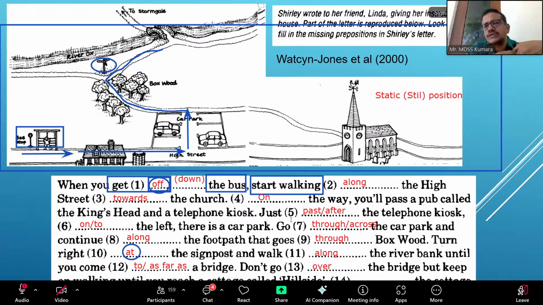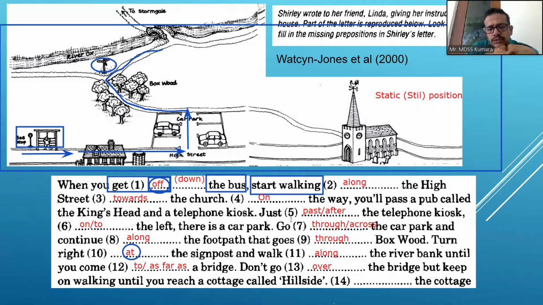You can also use across. Over or across. Don't go over the bridge, but keep on walking until you reach a cottage called Hillside. You can use over or across, that is also right.